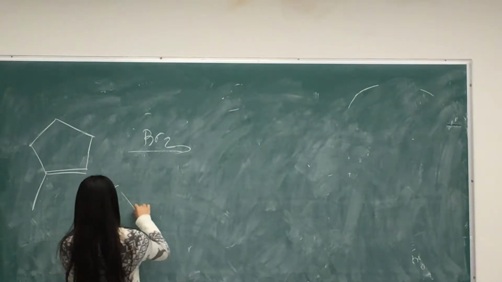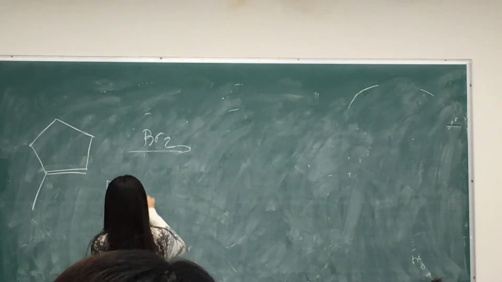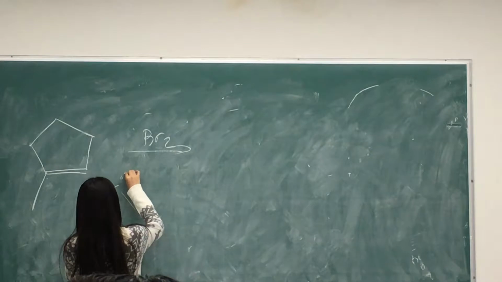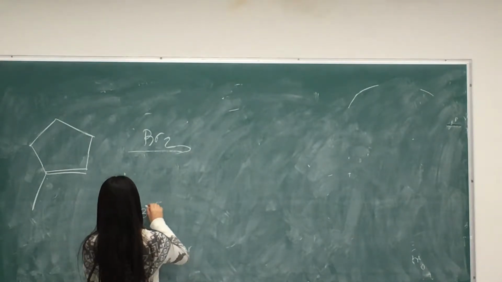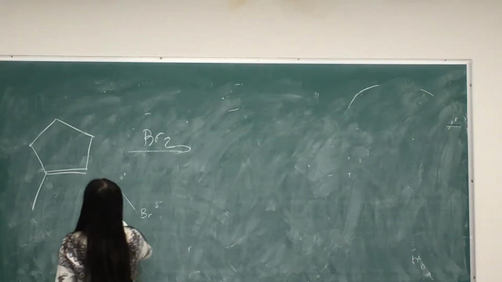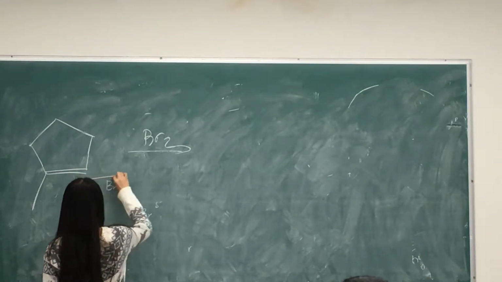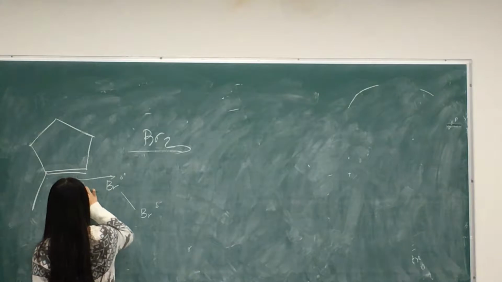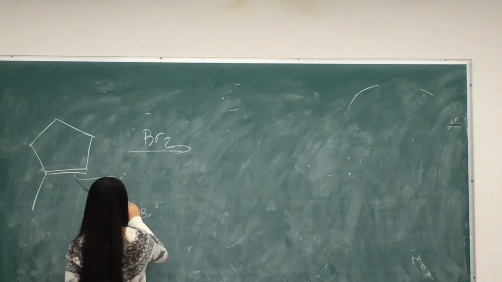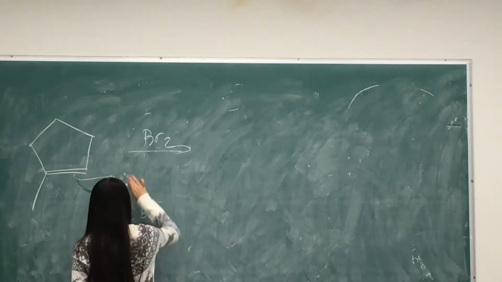So first of all, you can think it's slightly polarized, right? So this one can act as an electrophile. So this one will get electrons. This one breaks. And this one also has electrons, and this one will give back to the ring.